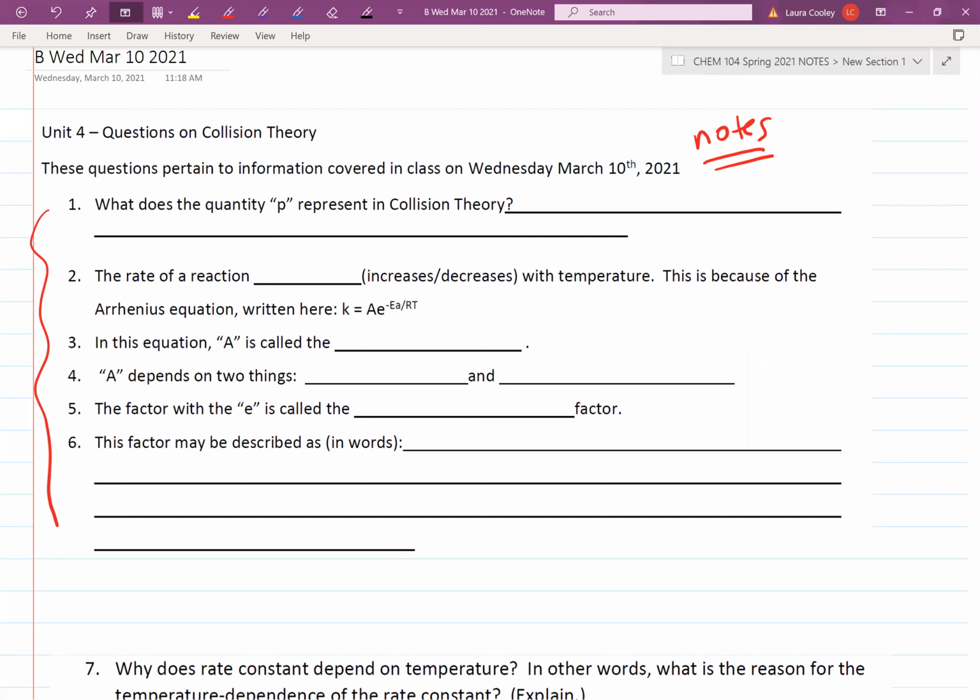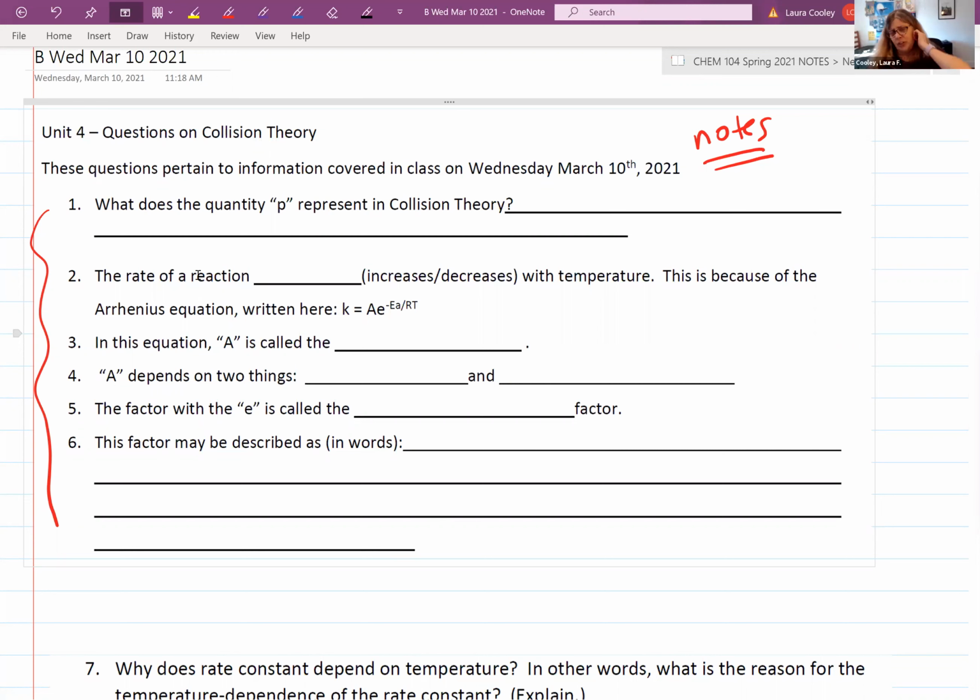Professor, are you going to go over the answers to this next class, or is this just for us to do? Well, I would go over some answers with you today, but I'll post the solutions. That's what I will do. I don't have enough time; 15 minutes is not enough to do it all anyway.